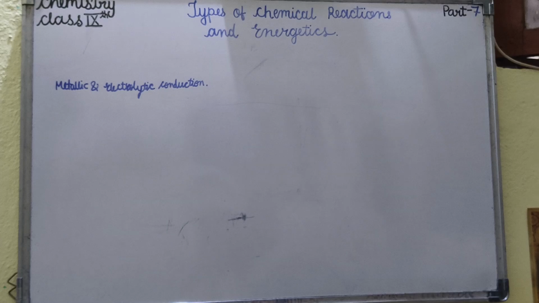Now, the branch of chemistry that deals with the relationship between chemical energy and electrical energy and how one form of energy is converted into other is called electrochemistry. The concept which deals with the study of the methods, principles, and reactions involved in bringing out chemical change by using electrical energy is called electrolysis.